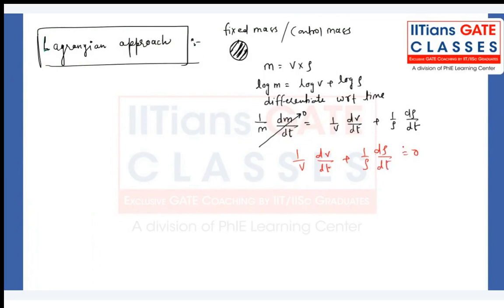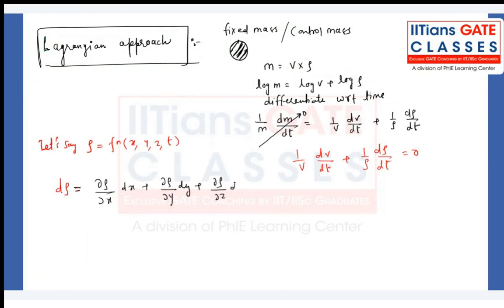Now, what can we write for d rho by dt? Let's say, as a very general example, density is a function of x, y, z, and t. Then by the rule of total differentiation, what is d rho we can write? Dou rho by dou x into dx, plus dou rho by dou y into dy, plus dou rho by dou z into dz, plus dou rho by dou t into dt.